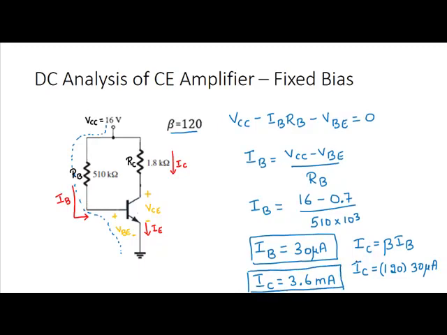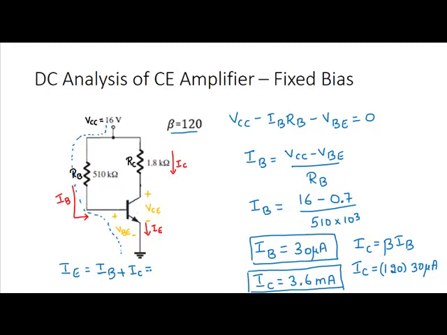If required, I can also calculate IE. So emitter current IE is nothing but base current plus collector current, which will be approximately equal to collector current because IB is very negligible.